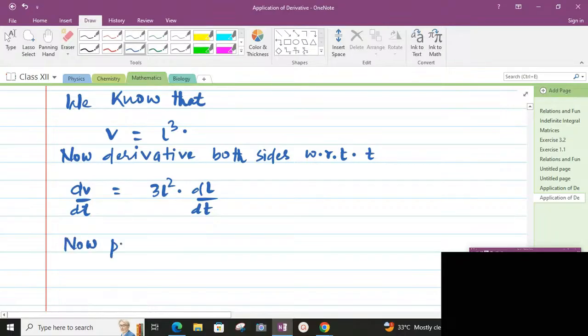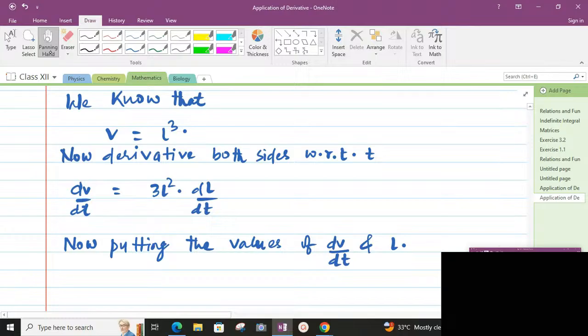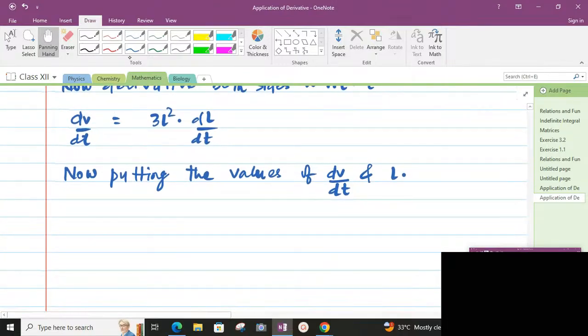Now, putting the values of dV/dt and L. So the next step: the value of dV/dt is 8 and the value of L is 12, and dL/dt.